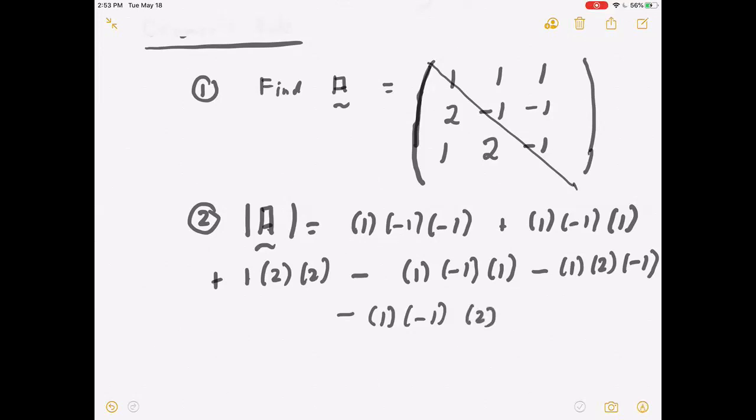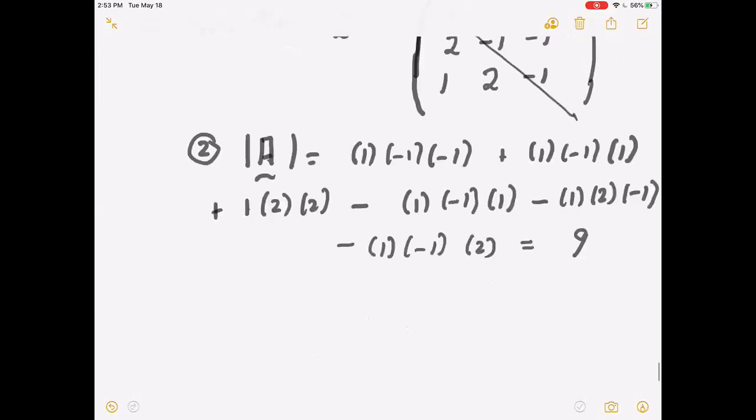And you need to verify that that's correct. You can do the arithmetic. It'll come up to a result that gives you 9 for the determinant. Okay, so then you're ready. All you have to do now is solve for x.